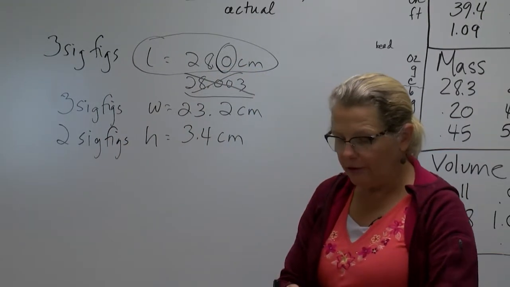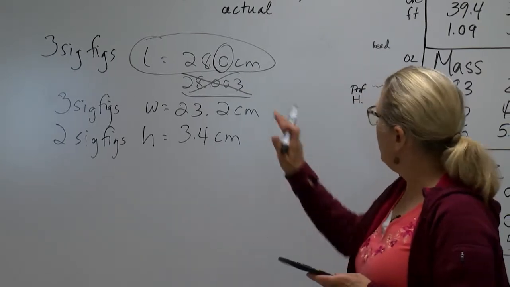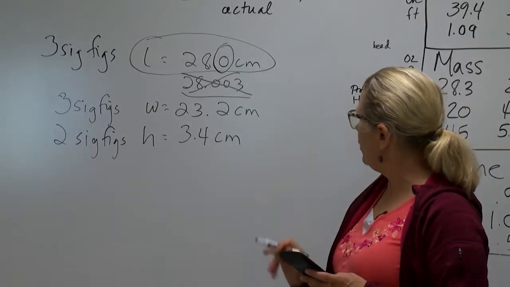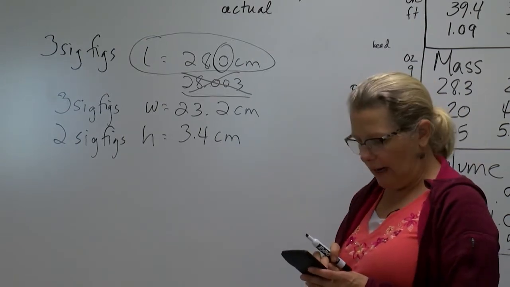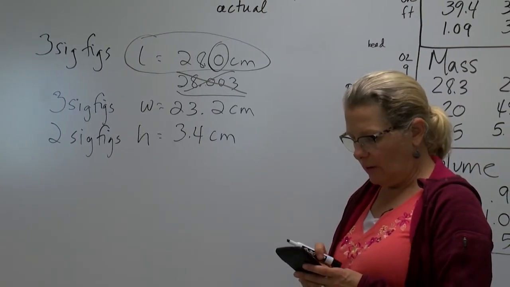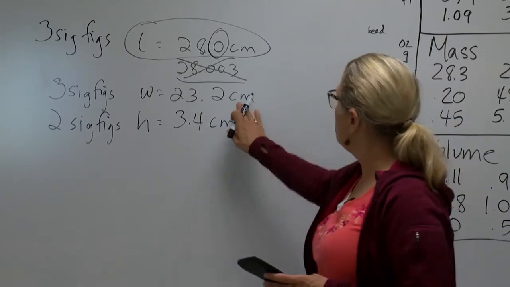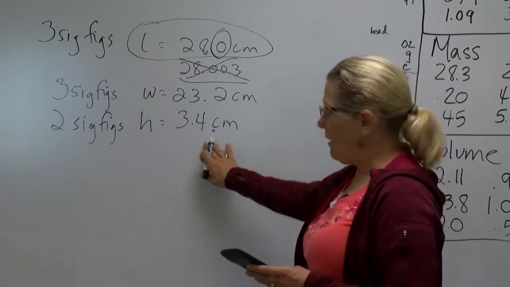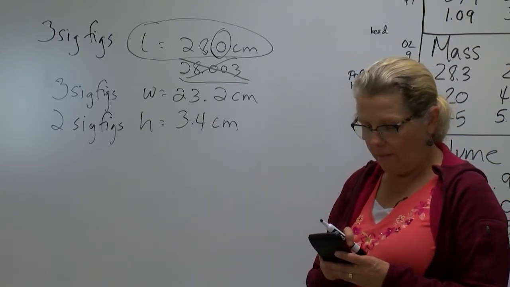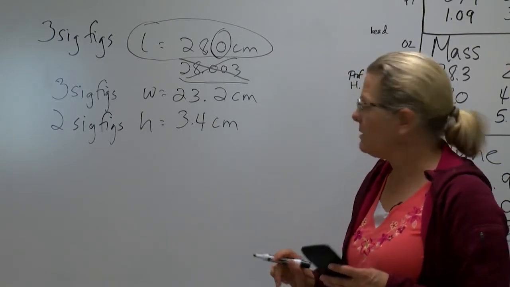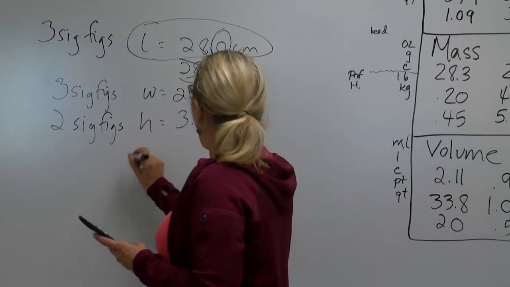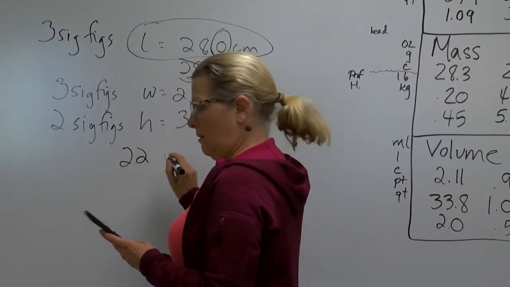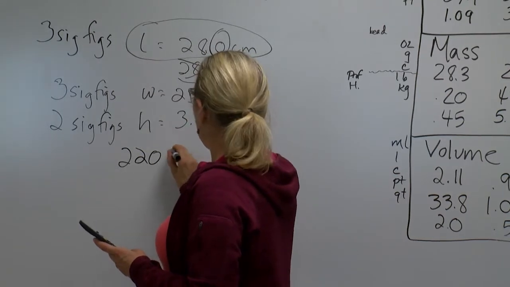Now, I'm going to put into the calculator, we're going to find how many centimeters cubed? So 28.0 times 23.2 times 3.4 equals, and I'm going to put all of the numbers that show up on the calculator.